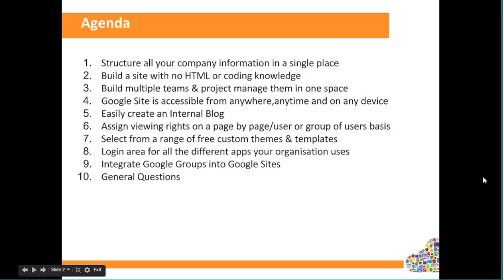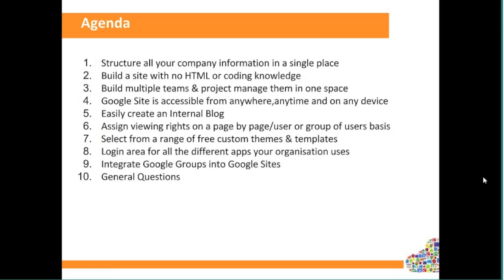Just to give you an overview of the agenda that we're going to be covering today, it's really just 10 key points, covering key features of the Google Sites platform offered with Google Apps for Business.